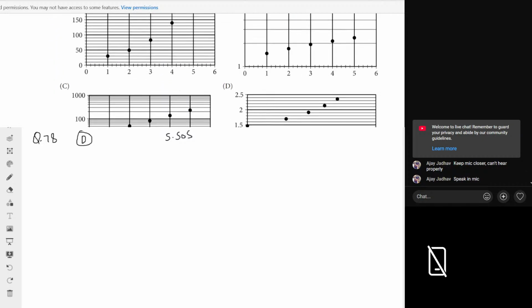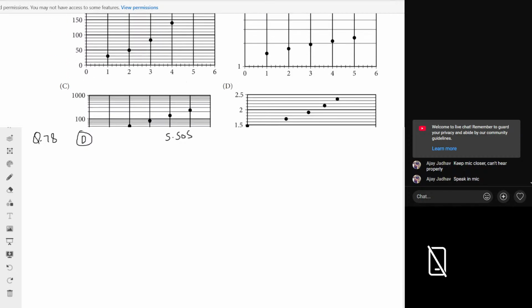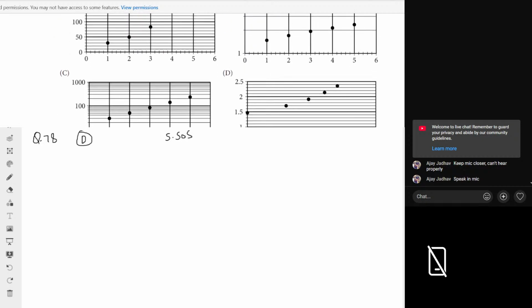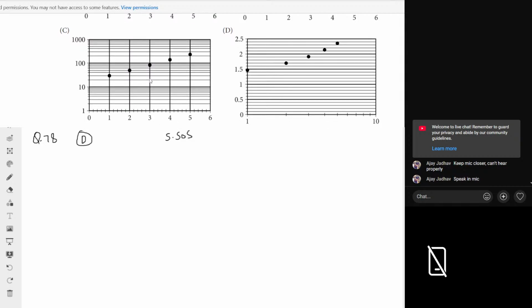So at 1 it should be 30. So this is 10, 20, 30. And now 2 is at 50. So this is 10, 20, 30, 40, 50. That is also correct. 3 is at 83. So at 3 it is 20, 30, 40, 50, 60, 70, 80.